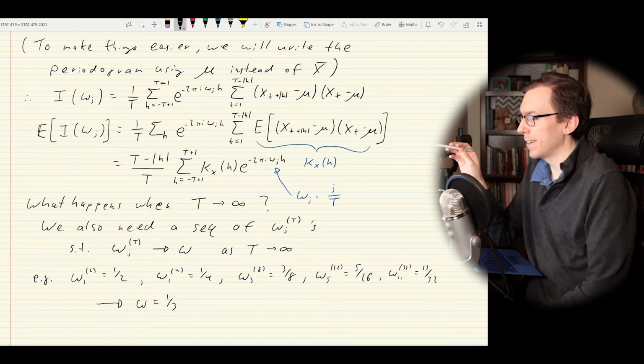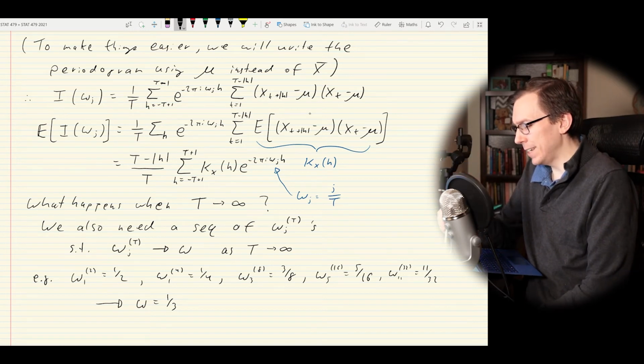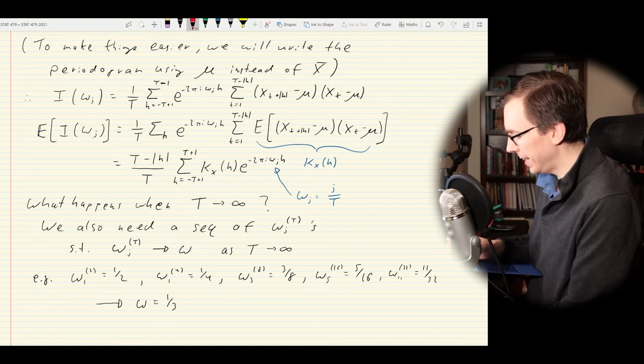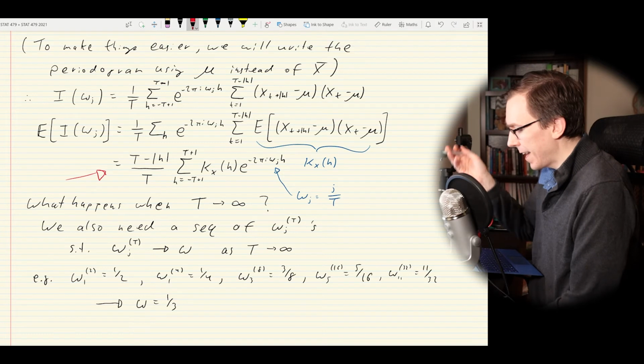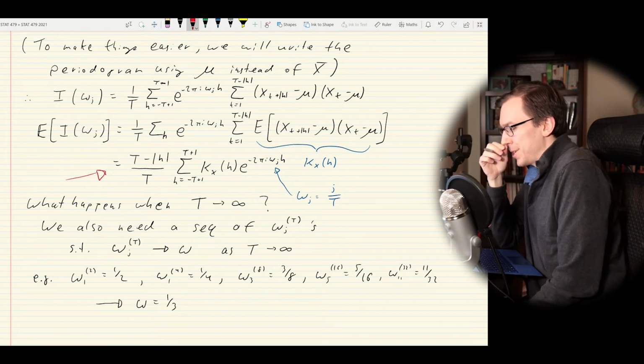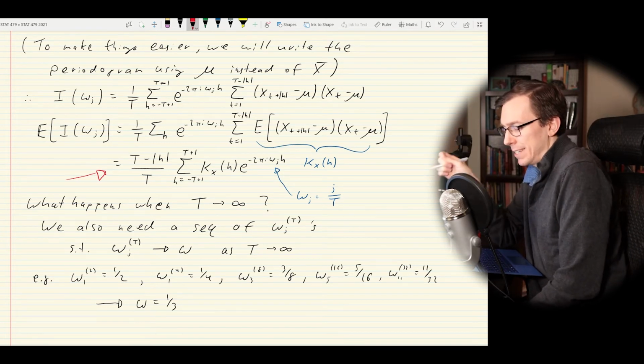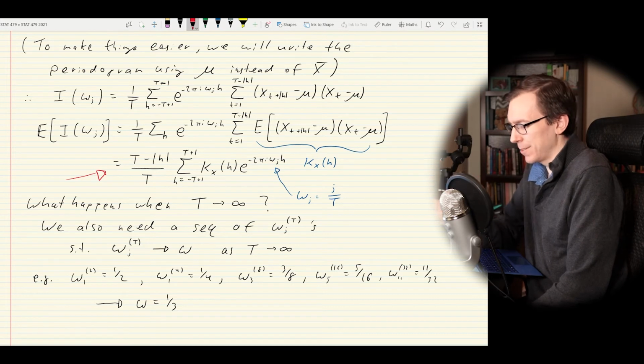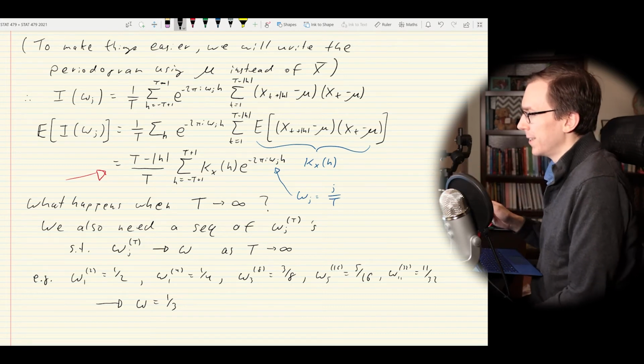The point being here that, again, if I want to take t to infinity in this expression here, then I need to figure out what happens to omega, not just what happens to t, because capital T is hidden within omega as well.